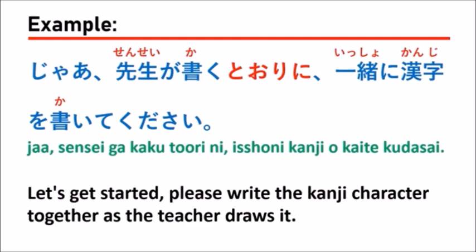After that you follow by tori ni, sensei ga kaku tori ni, which means as the teacher draws, right? 一緒に漢字を書いてください means please write the kanji together as the teacher draws it. じゃあ here means let's get started, right? 先生が書く通り means as the teacher draws it. 一緒に漢字を書いてください, please write the kanji together.